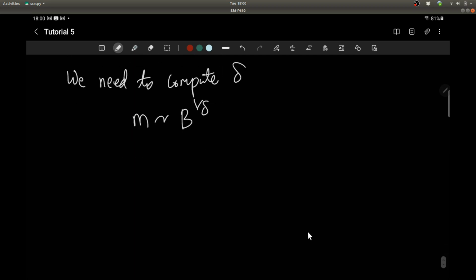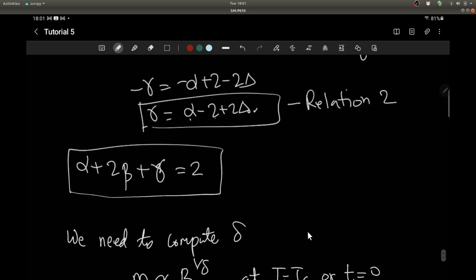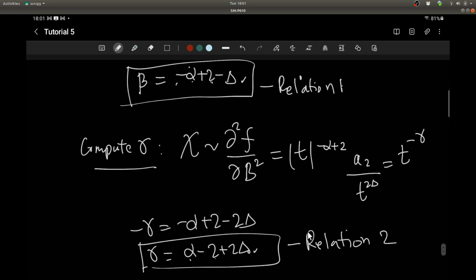So what is m at t equal to tc, or little t equal to 0? This is what it says, correct? So what was m? It is df by dv. Sorry, and we have to evaluate this at t equal to 0, but one has to be a little bit careful.